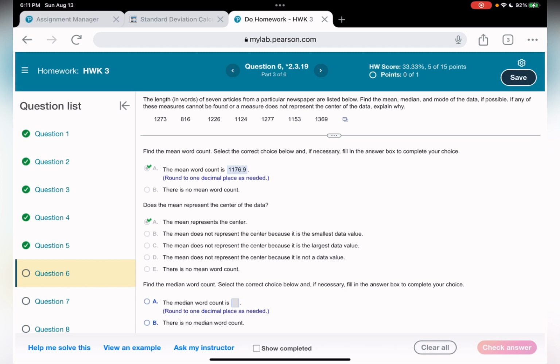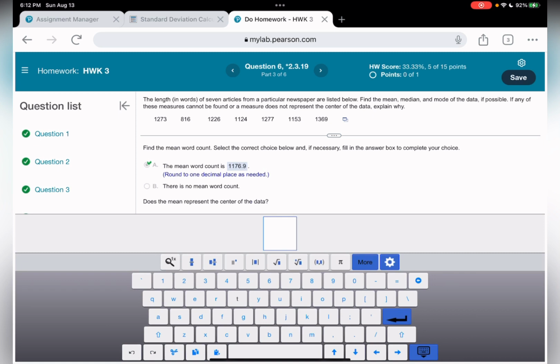The smallest one is 1124. This is 1. Next is going to be 1153. Oh no, I'm sorry, 816. So 816 is the first one, 1124 the second one, 1153 the third one, and what is going to be the fourth one? 1226. Because there are 7 elements, the fourth one is going to be our median. So 1226.